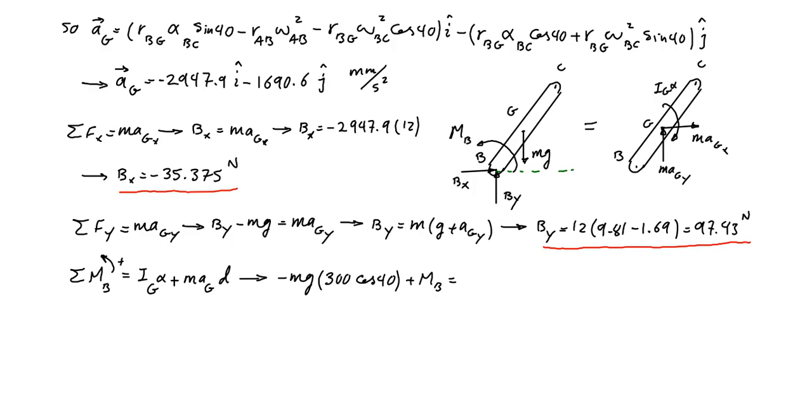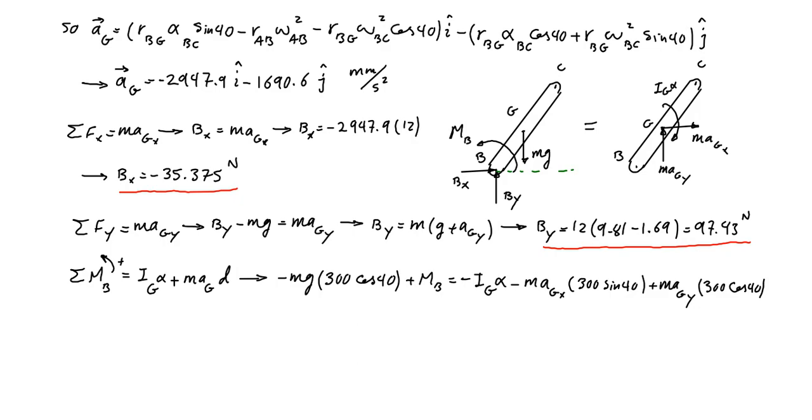Taking a moment about point B, minus I G alpha minus, let's see, m a G x, the component of x, times the distance, which is 300 sine 40, and the component of y, m a G y times 300 cosine 40.